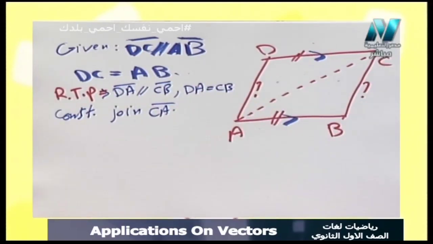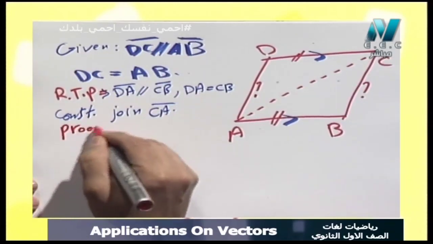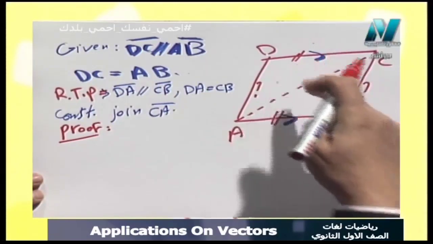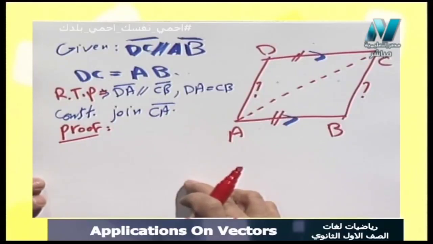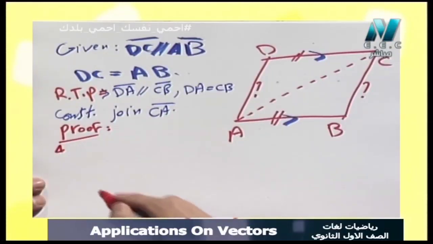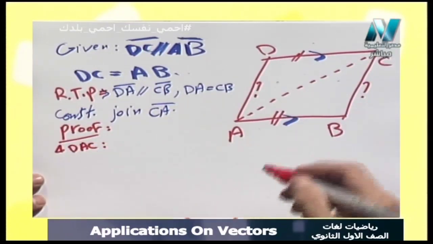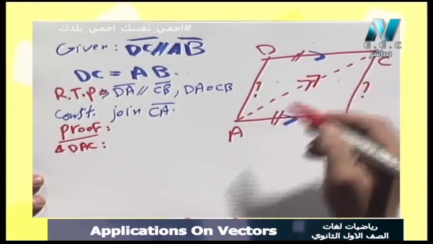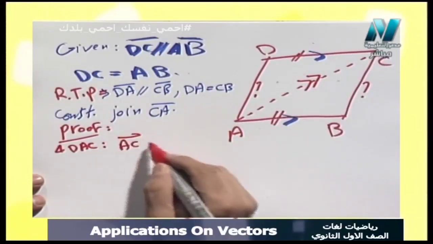The proof, which is the solution: we here have two triangles. We will use each triangle from the triangular rule of vectors. First, we will use the triangle DAC. In this triangle, we will concentrate on the diagonal AC as a vector. We have the vector AC equals what?